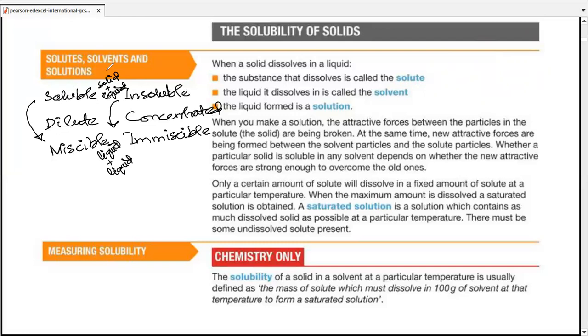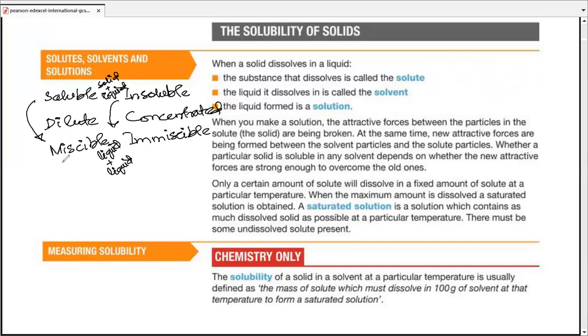Remember, the word soluble is for a solid dissolved in liquid, and miscible is when liquid is dissolved in liquid. Immiscible is for the same purpose. It's just that when you cannot dissolve one into the other, we call it immiscible. Like you cannot dissolve water into oil, but you can definitely dissolve water into alcohol.